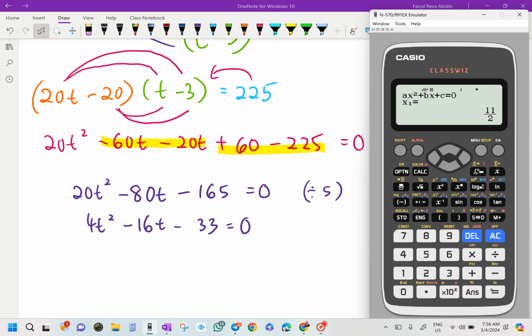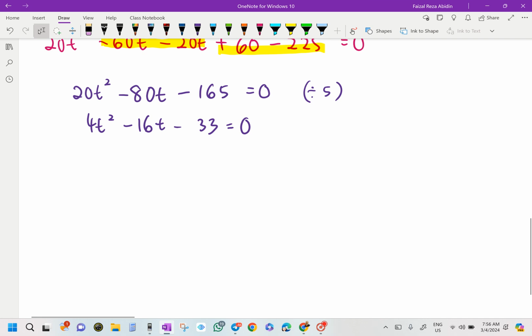So we get the first solution, 11 over 2. If it's class quiz, it gives it straight away. Okay, negative 3 over 2. So obviously you are going to have 11 over 2 as our answer.